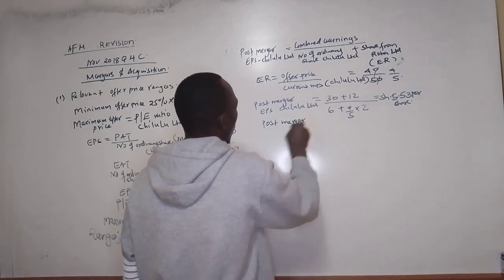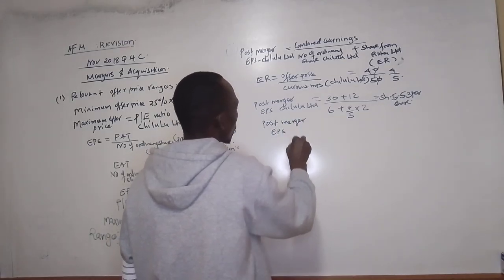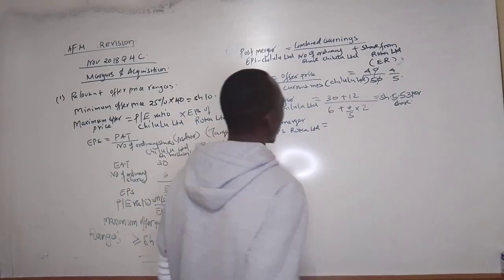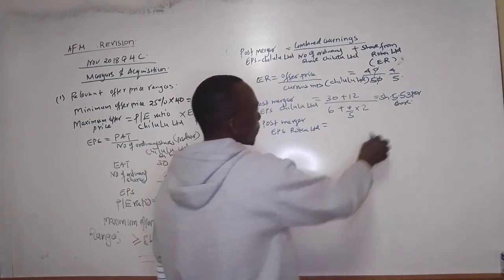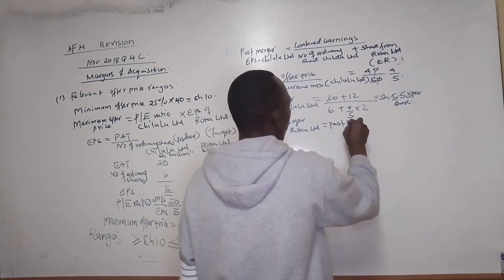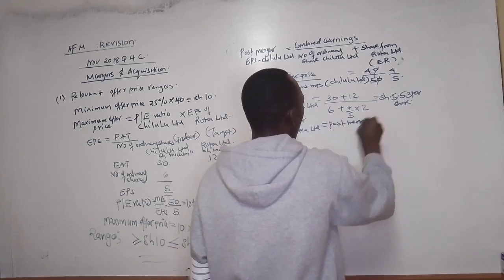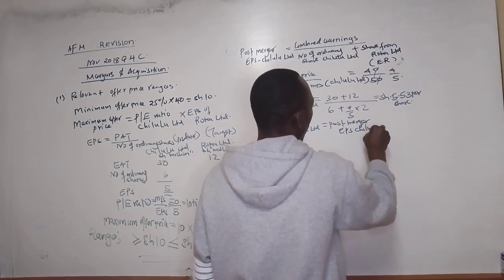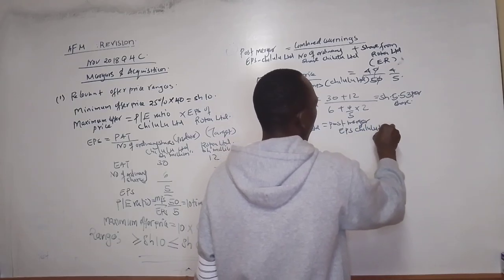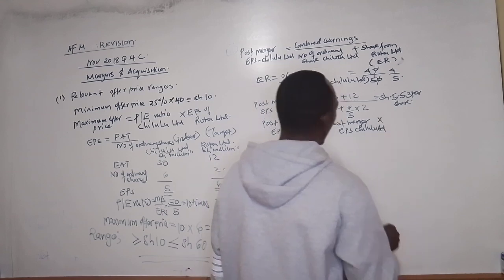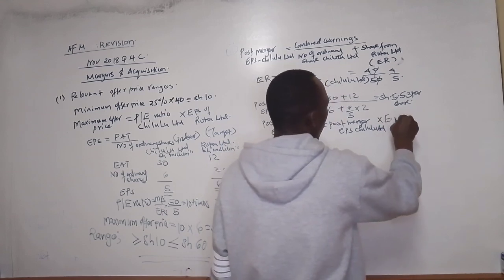If we wanted the post-merger EPS of Roka Limited, you just take the post-merger EPS of the predator, which is Chiruru Limited, then multiply by the exchange ratio.